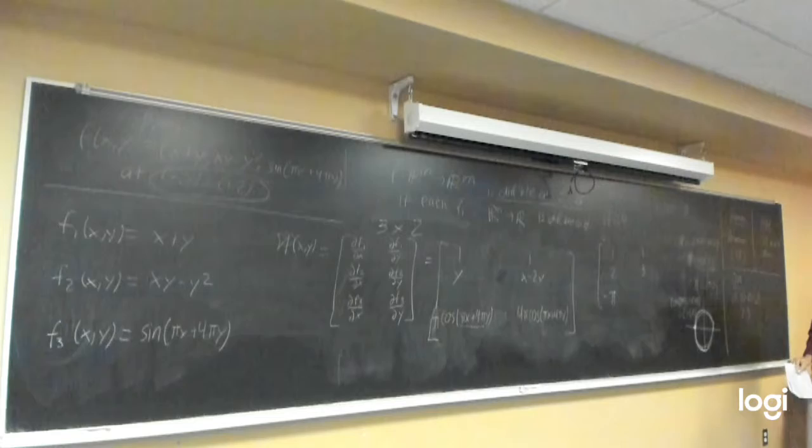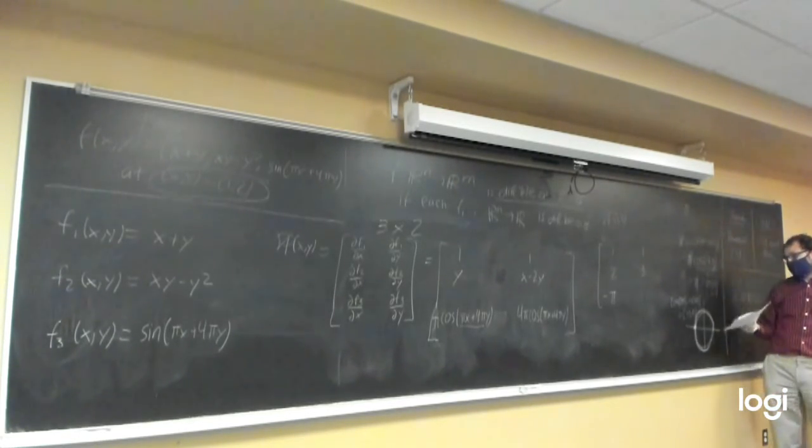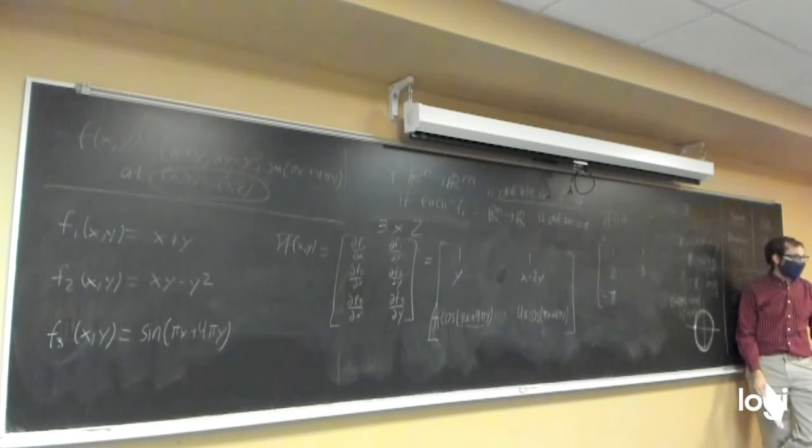So that's how I think Will knew that cosine of 9 pi came out to negative 1: any odd multiple of pi is always going to have a cosine of negative 1 and a sine of 0.